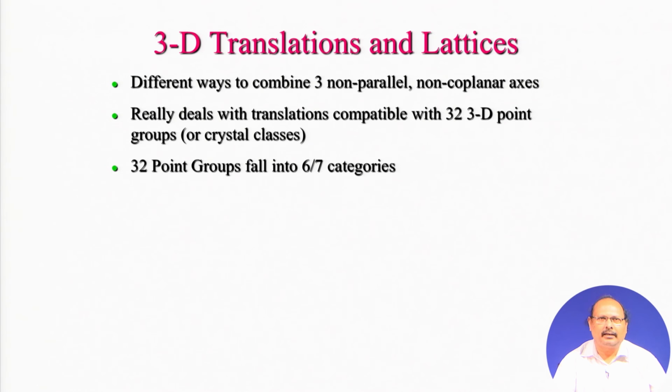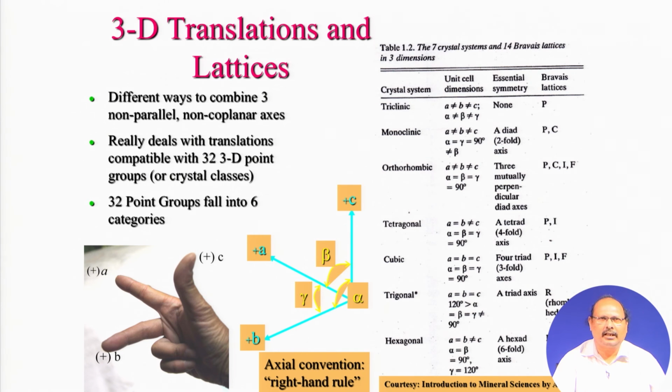How you will translate, and what is the angle between the 3rd dimension and the direction in the horizontal plane, can now be combined with the total 32 point groups, which are there in the 7 crystal systems, or some people call it 6 crystal systems, where the trigonal crystal system is clubbed under the hexagonal crystal system, and it produces 3-dimensional lattices.